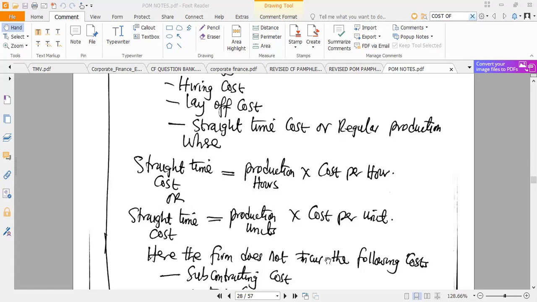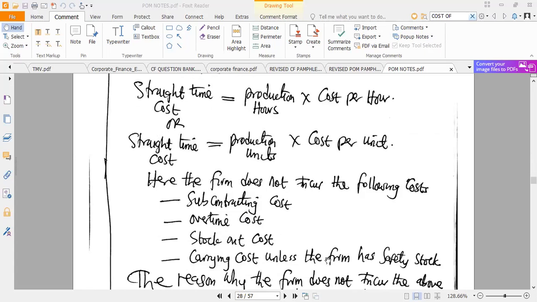All right. Now, for this strategy, the chase strategy or matching demand, the firm does not incur the following costs. So why should the firm incur subcontracting cost when they have already hired as many workers as possible to produce to meet demand?